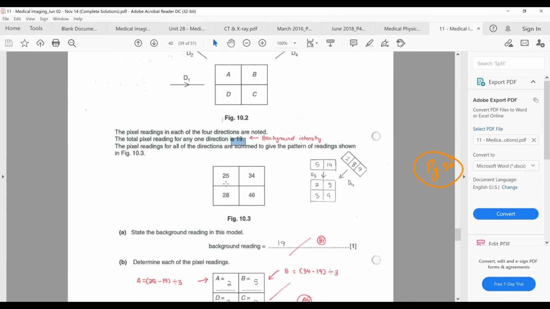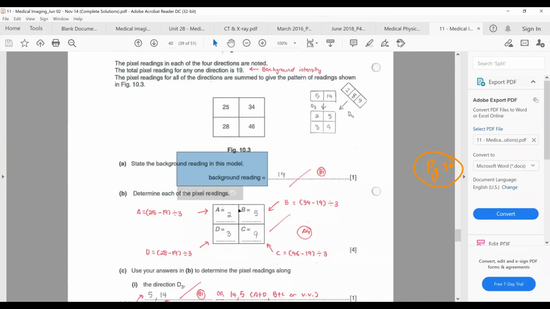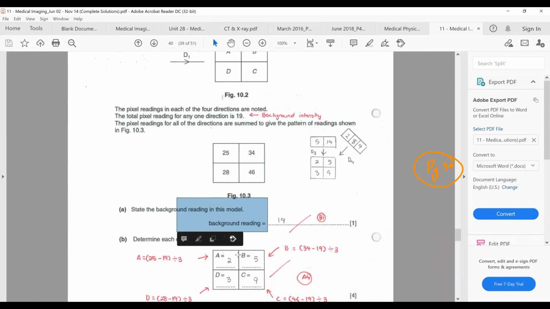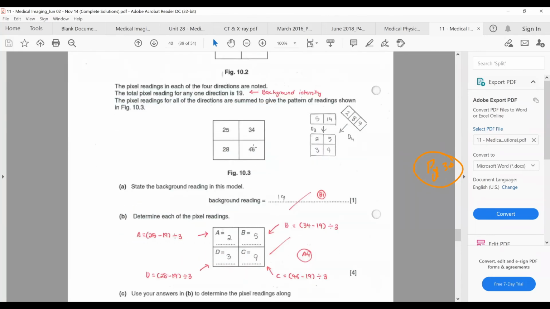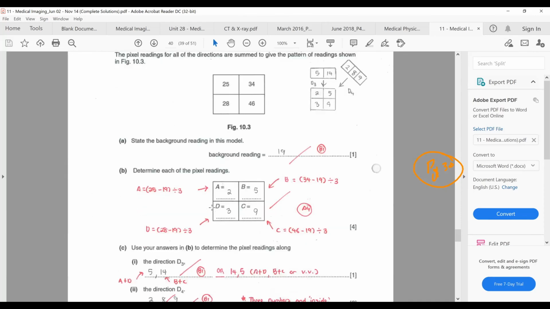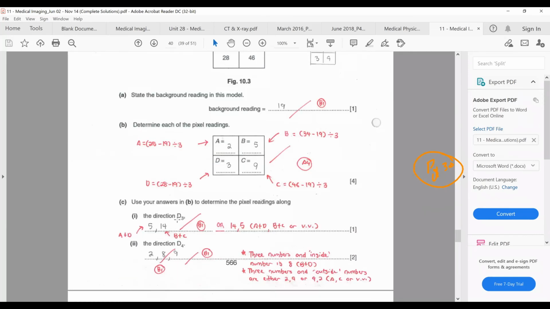So state the background reading in this model, you know it's 19. Find out the actual pixel reading, same thing: whatever you have here, minus background, divide by 3. So you get 2, 5, 3, 9.